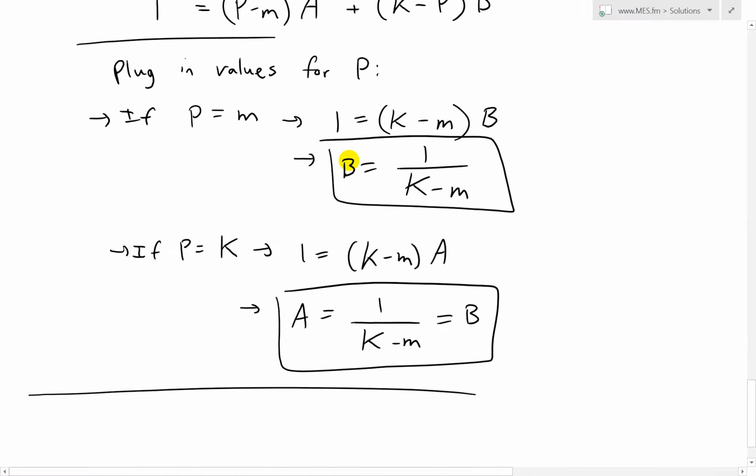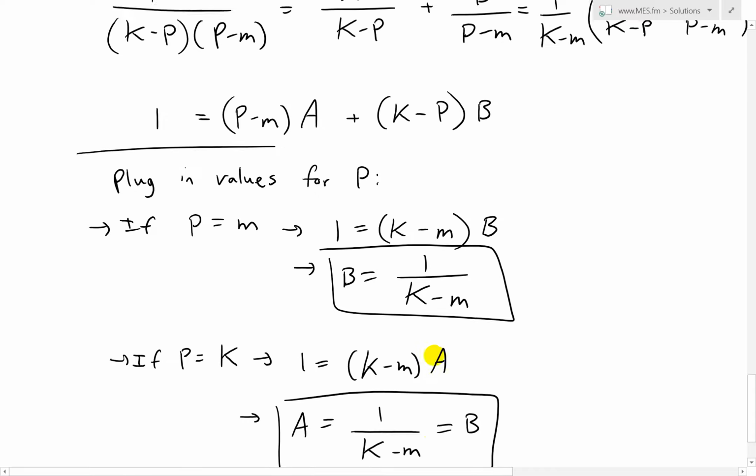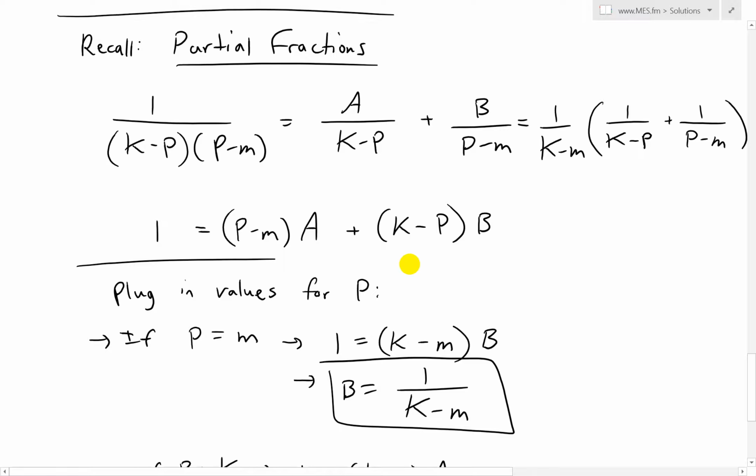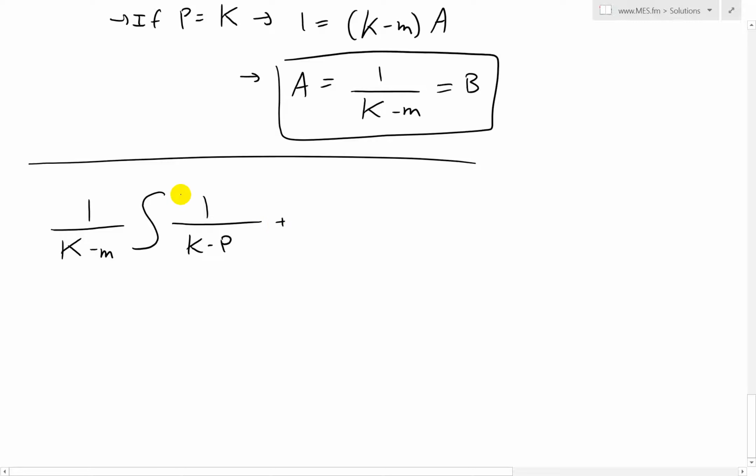We could take that out of the integral, so we end up getting 1 over capital K minus m, times the integral of 1 over K minus p, plus 1 over p minus m, in a bracket like that.